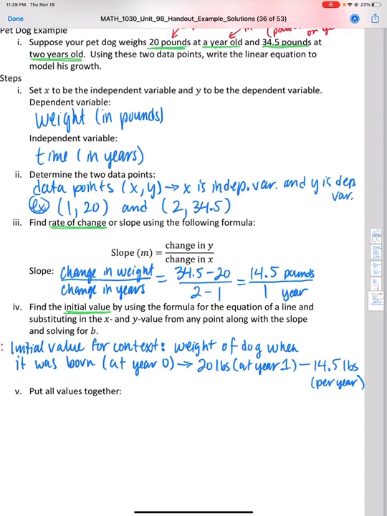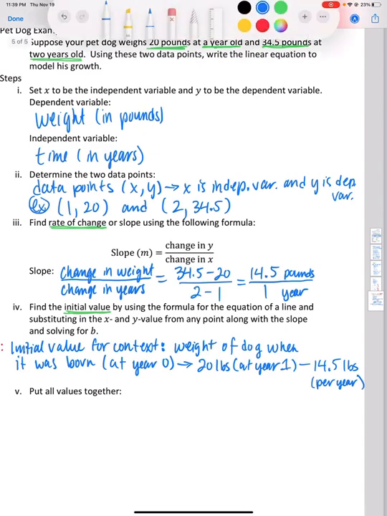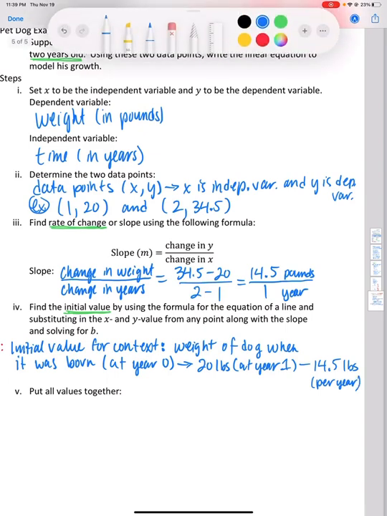We get 5.5 pounds at year 0. So that's how much the initial value is.